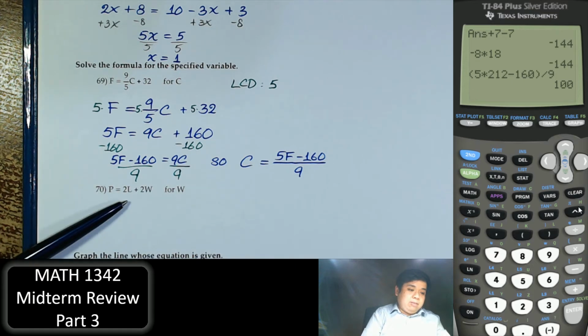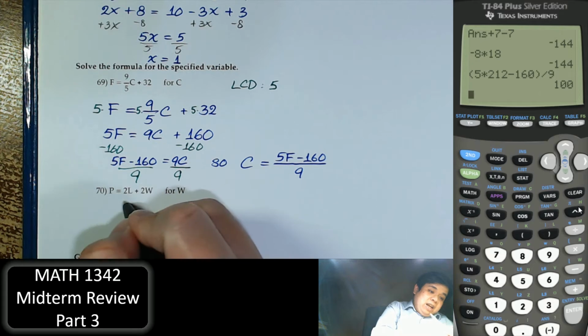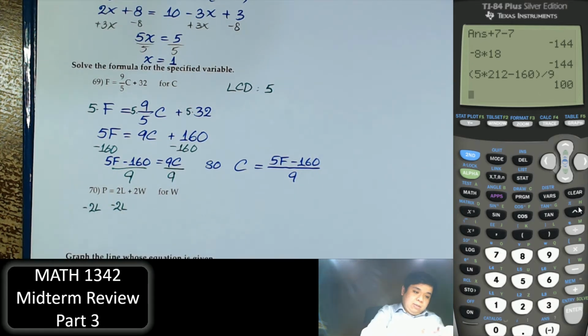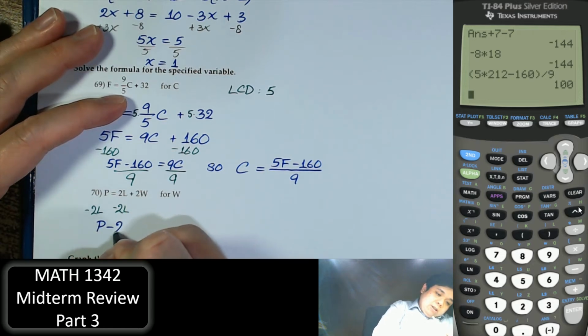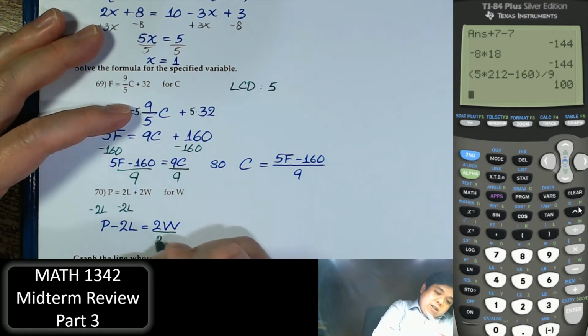Now we try to get W by itself. We do not want anything else, so I will subtract 2L on both sides. And since we solve for W, try to get W by itself, divide by 2.